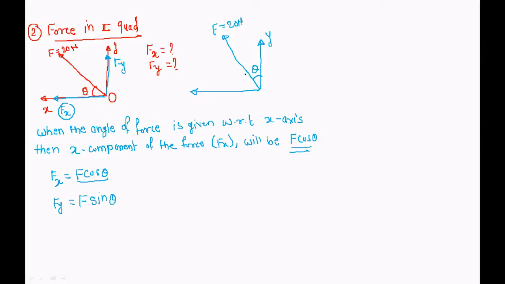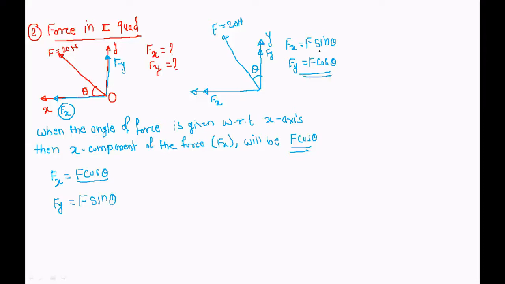Okay, and now we have to find out Fx and Fy. So this is your Fx, this is Fy along y-axis. So only change will be, if the angle is given with respect to y-axis, then its y component will be F cos theta. So here x component will be opposite component. So we will write F into sine theta, and y component, that is the Fy, is equal to F into cos theta.